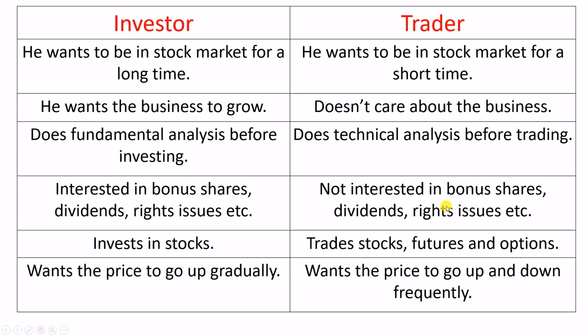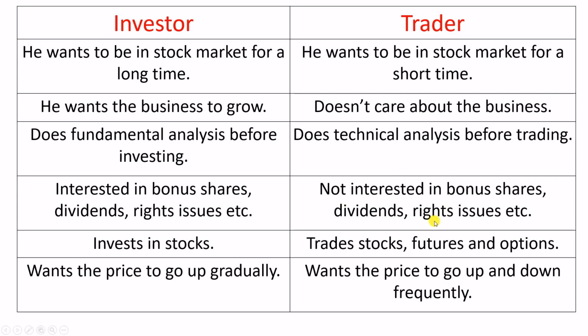Sometimes when a company issues bonus shares or dividends, the price may fluctuate. It may move up or down. It depends on the sentiment of people. So if that affects the price movement, then the trader will be interested in it. Other than that, he will not be interested in these.